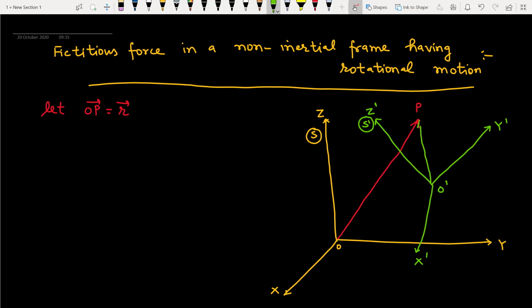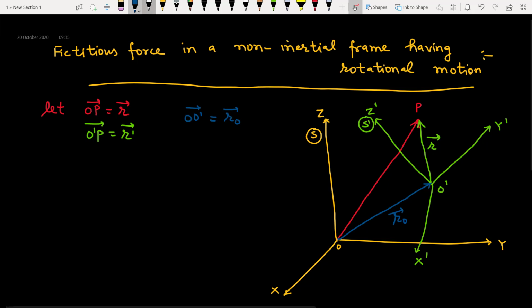The position vector of point P is O dash P, and we assume this is equal to r dash vector. We join O O dash and assume it as r naught vector.